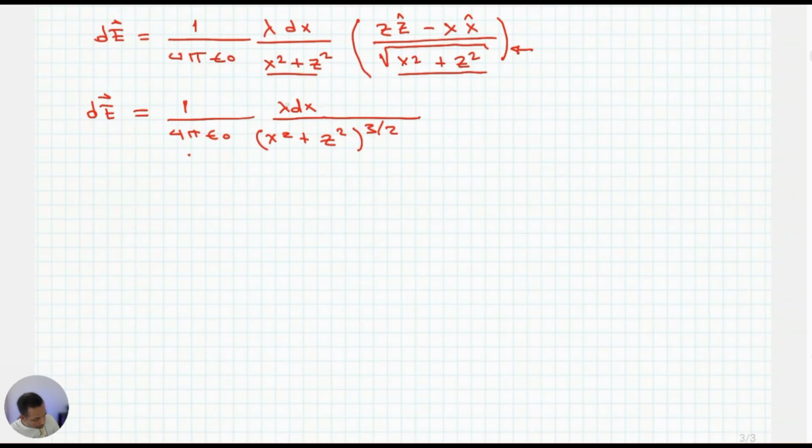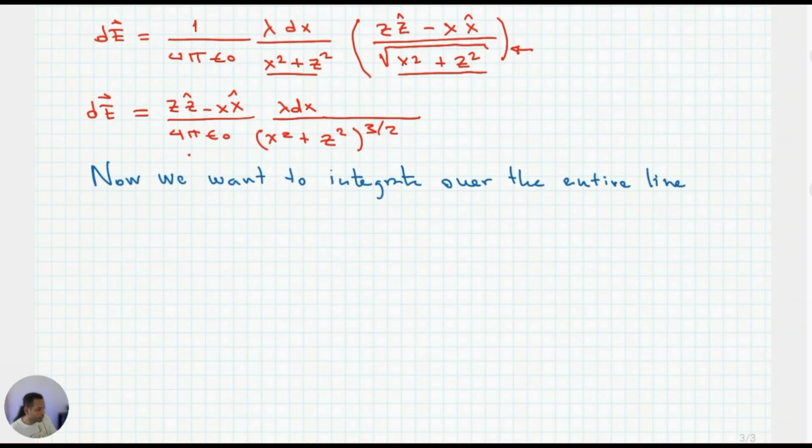Here we have z along the z-axis minus x along the x-axis. Okay, so now we want to integrate over the entire line. So the line goes from minus L to L, and we want to integrate this expression, okay? And we use minus L and L as the limits of integration.